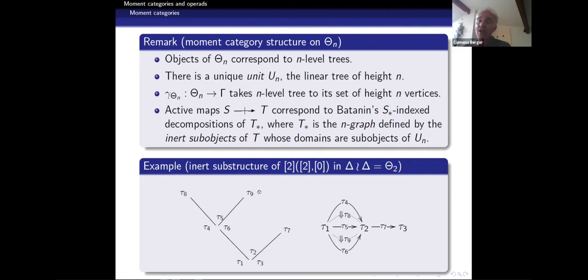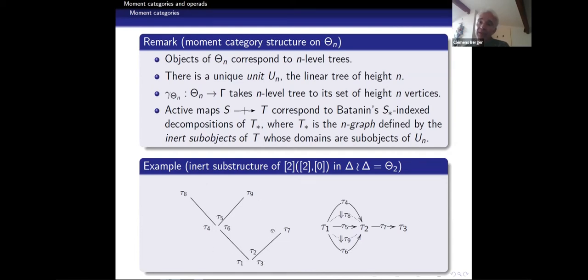And the globular structure is given by the planar structure of this tree. So this 2-cell has as source T4 and as target T5. This 2-cell has as source T5 and as target T6. And these 2 cells have the same source and target, namely T0,1 and T0,2. And this 1-cell has these 2 as source and target.